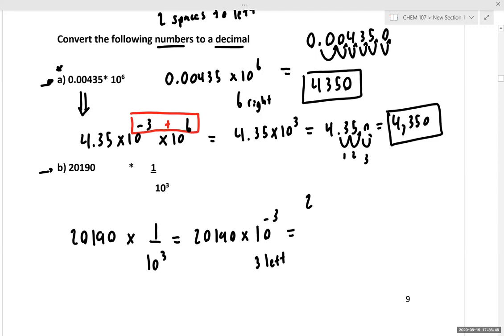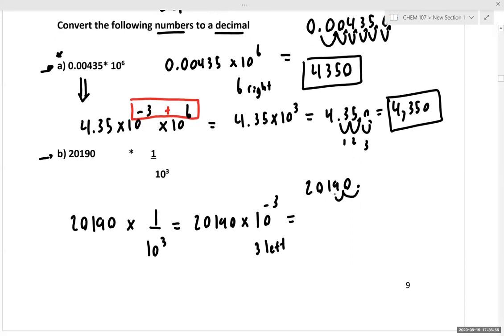If we have 20,190, we place our decimal point at the end, and then we move our decimal point 1, 2, 3 spaces to the left. That in turn gives us 20.190. Keep in mind that the base number that we're multiplying by our power of 10 is 20,190. So when we move our decimal point 3 spaces to the left, we end up with an end result of 20.190.